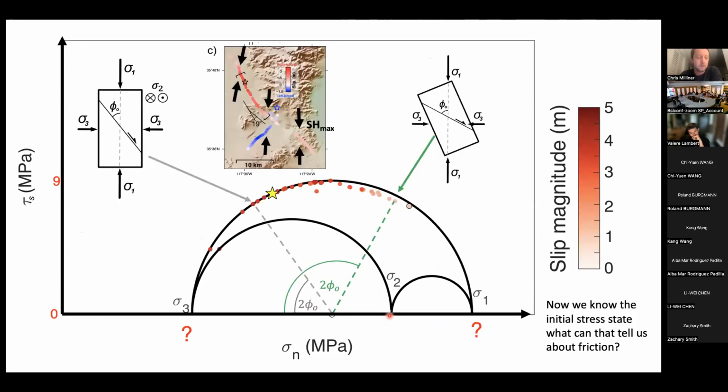One thing we can also do is plot all the slip on the fault surfaces within the central zone. The points between these brackets are what's plotted right here, and I've colored it by the slip magnitude. As you go from north to south along this bend, the slip magnitude starts to taper and decrease.